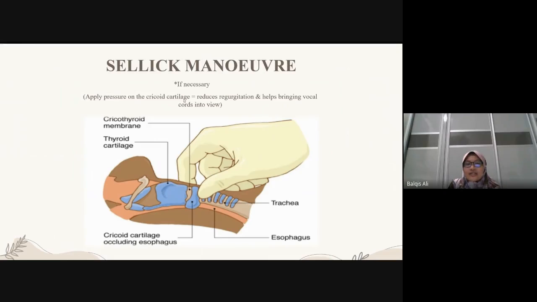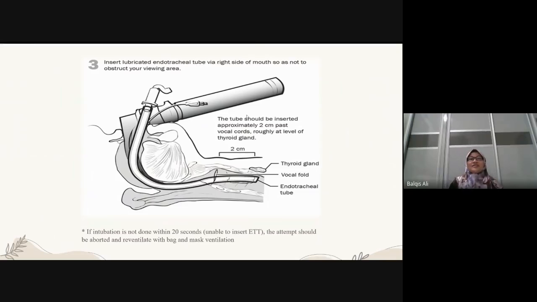This will occlude the esophagus and help bring the vocal cords into view. But it is not that recommended to use this. Okay, and then we insert the endotracheal tube via the right side of the mouth so as not to obstruct your viewing area.